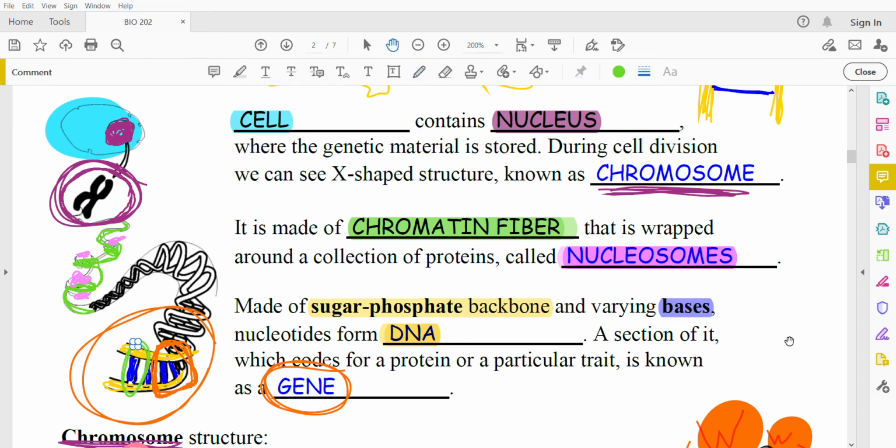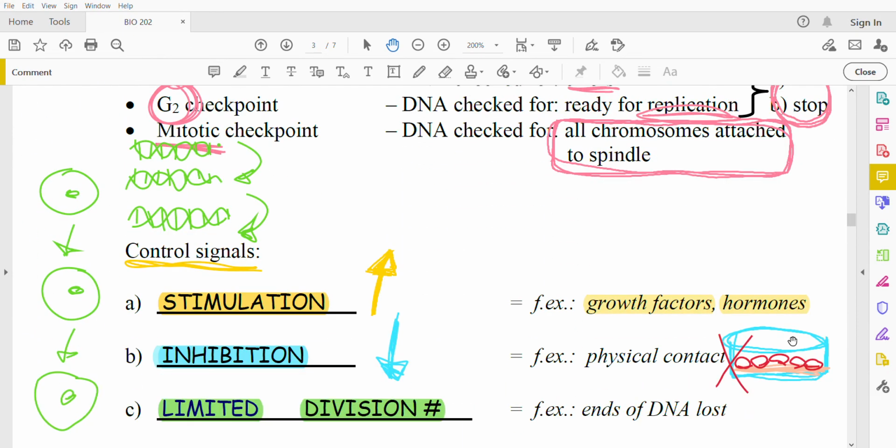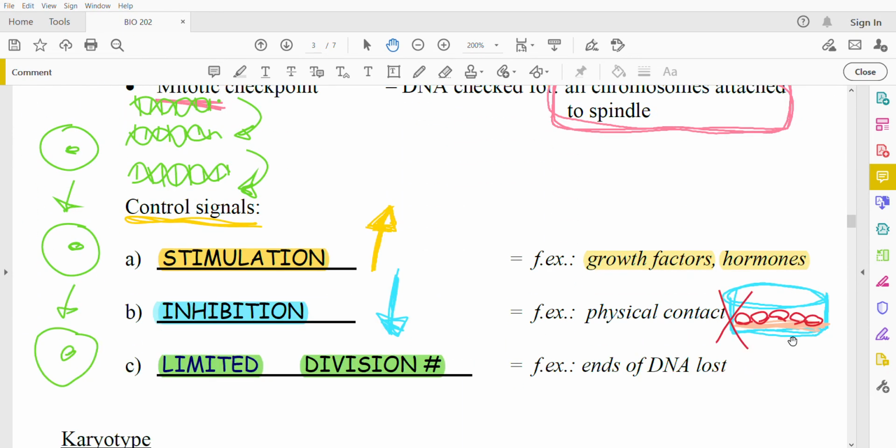And most of the time what happens is that they don't actually cause problems for us. Most of the time these errors just go by. They're not in a part of the DNA that codes for a protein or codes for a trait of some kind. So they just get past that and it's not a big deal. In addition, another thing that can happen is that we have spontaneously arising mutations. So there's just random changes in the DNA.